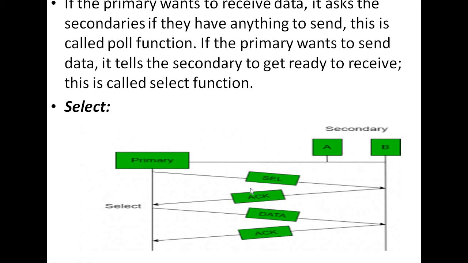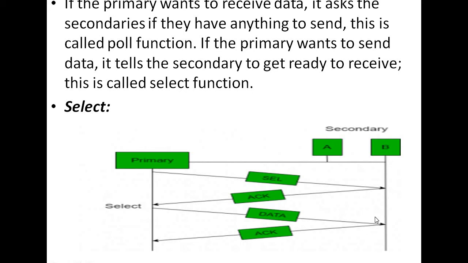If the acknowledgement or the reply of the secondary site is a positive one, then the primary site sends the data towards the selected device at the secondary site, or at the destination end.